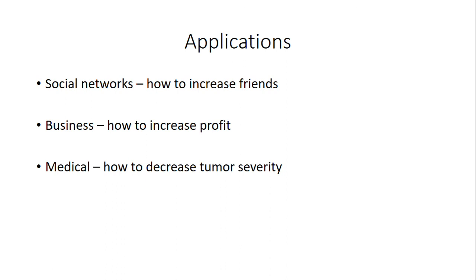And similarly, as we talked about in the business area, how to increase the profit, and in the medical area, if we want to know what are all the actions that would decrease tumor severity for a particular patient, the action rule would help a lot for such cases. And there can be many applications like that in the education field, in the finance field, or even in recommendations. Action rules play a good role in those applications.